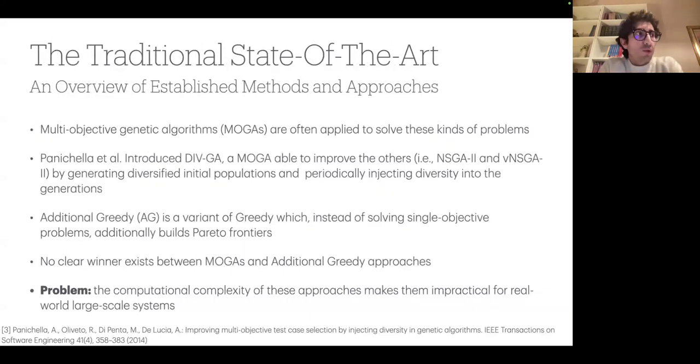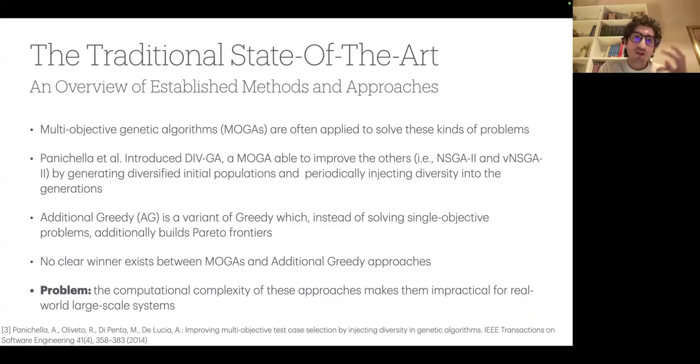Traditionally, multi-objective genetic algorithms are very well suited in solving multi-objective optimization problems. In particular, in the context of test case selection, Panichella et al. introduced DIVGA, which improved the older NSGA-II and VNSGA-II algorithms for test suite optimization by periodically injecting individuals which are orthogonal to the best individual of the current population of the genetic algorithm.